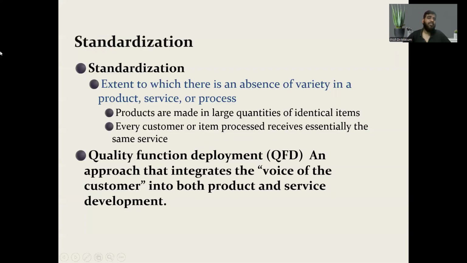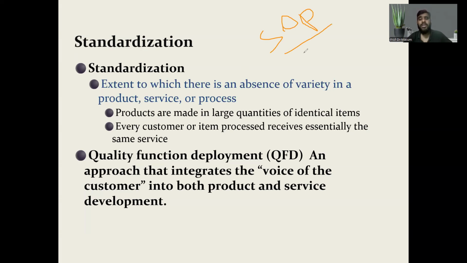And when you are producing the product, you have to develop standard operating procedures, or usually we say SOP. If you have a standard operating procedure, your cost will be minimum. You can produce more.